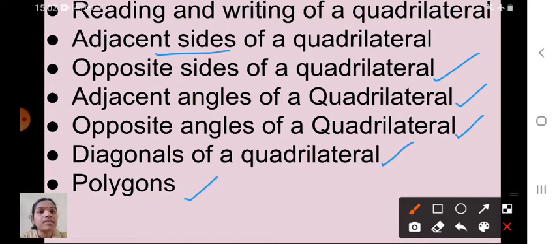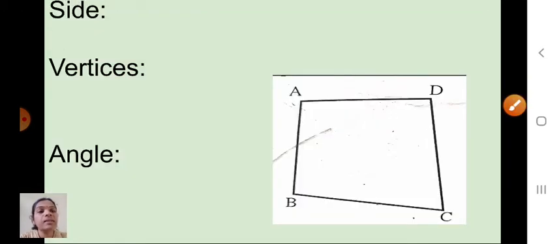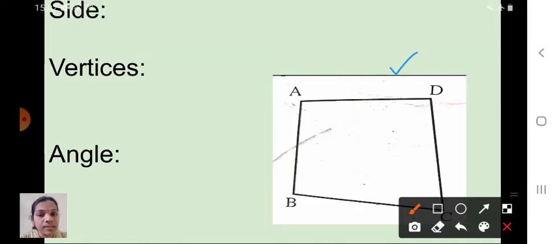In this slide I have given one quadrilateral. This is a four-sided closed figure, that is called a quadrilateral. How many sides are there? 1, 2, 3, 4.